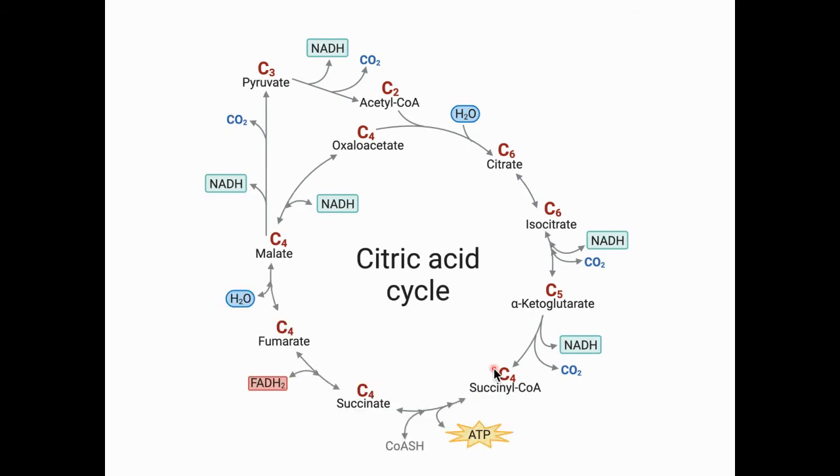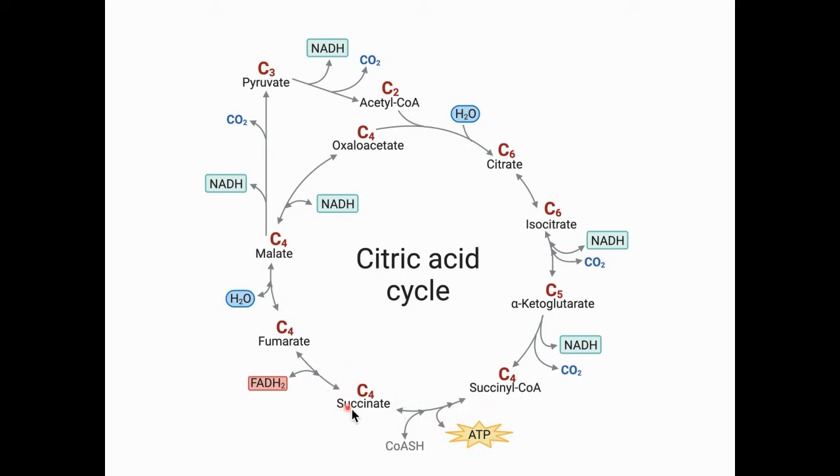Later, succinyl-CoA can lose one CoA. CoA is just a coenzyme; the full name is coenzyme A. By losing coenzyme A, it produces ATP and becomes succinate.